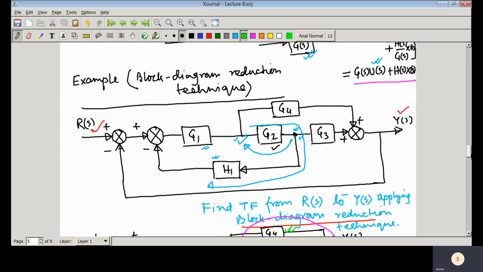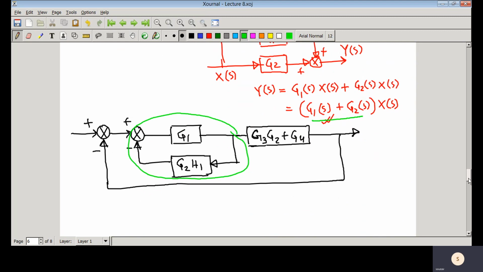If you look at this particular loop, the forward path transfer function is G1 and the feedback path transfer function is G2 into H1. So what is the transfer function from this particular point to that point? That would be G1 divided by 1 plus the feedback path transfer function, G2 H1, into the forward path transfer function, G1. So it is simple.